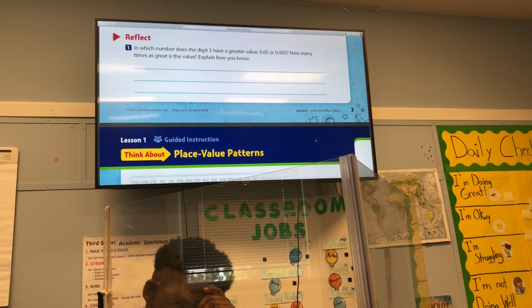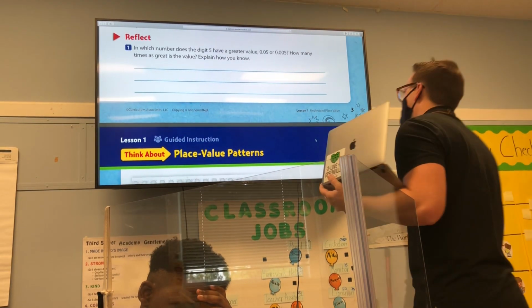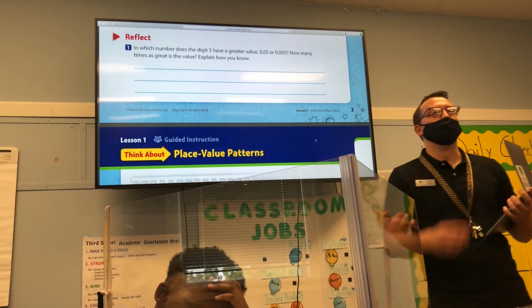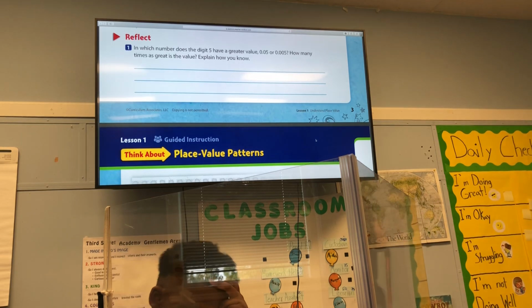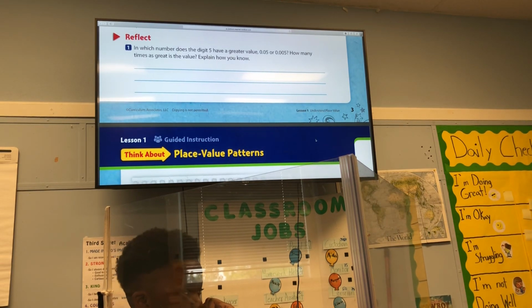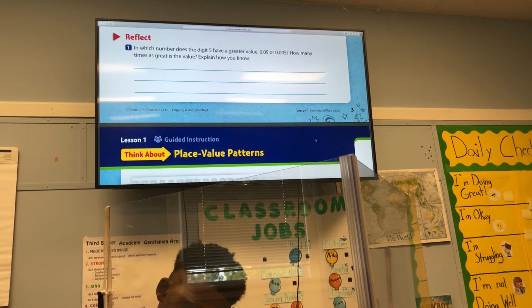Okay, Ethan, how many times as great is the value? 10 times. Everybody say 10 times. It's 10 times the value. If you go one space over to the left, it's 10 times more. Or if you go to the right, it's 10 times less. That's how we know that. Each step you take, it goes by 10.